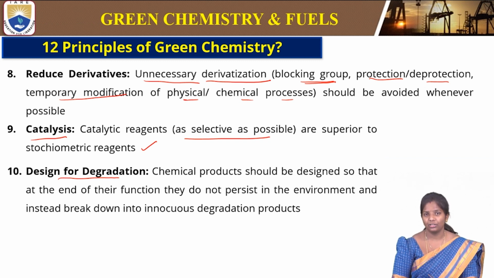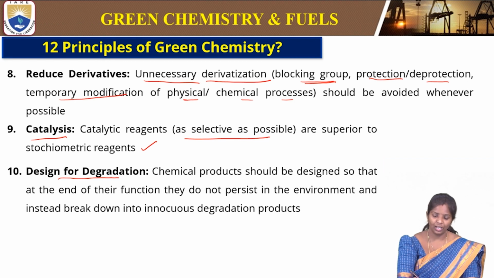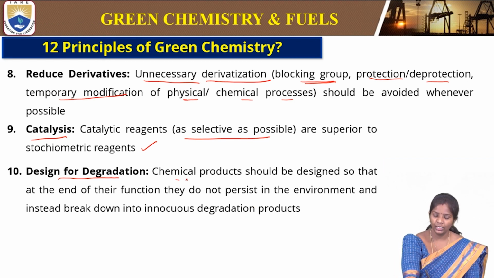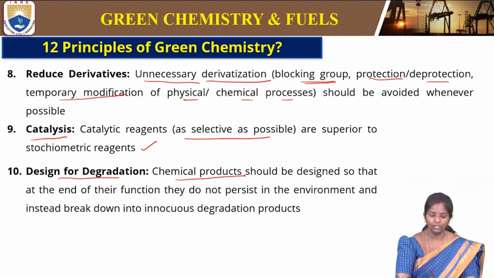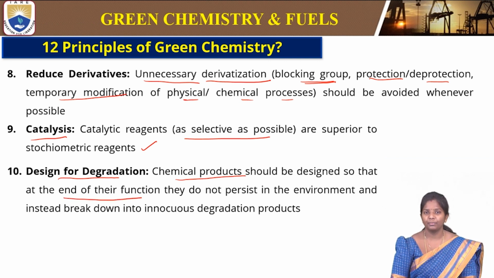Design for degradation. Degradation is also important. Once there is production of waste or a byproduct, degradation is the main concept that we have to take care of. Chemical products should be designed so that at the end of their function, they do not persist in the environment. It means they should not be present in the environment, so that it will be harmless to the environment.